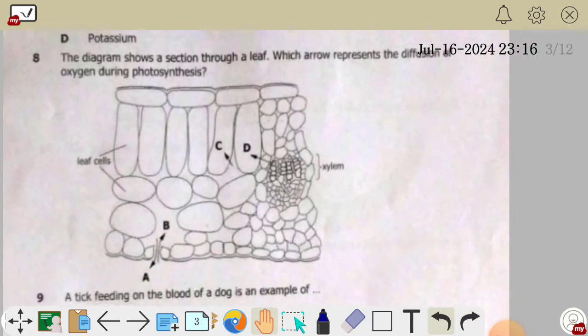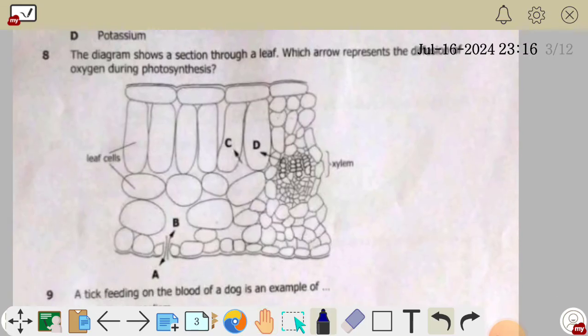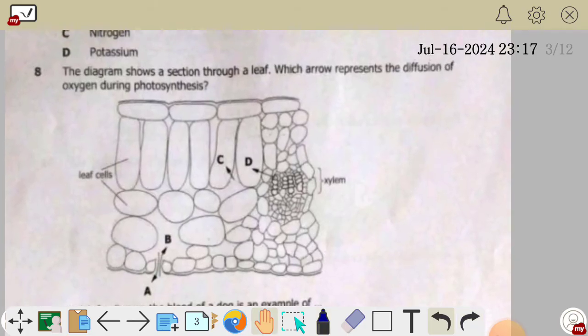Question 8. The diagram shows a section through a leaf. Which arrow represents the diffusion of oxygen during photosynthesis?